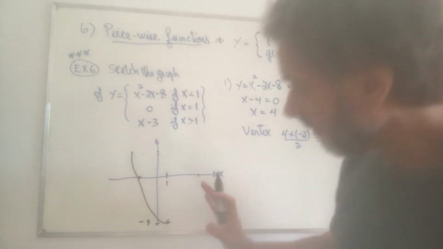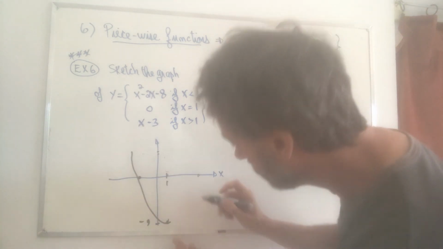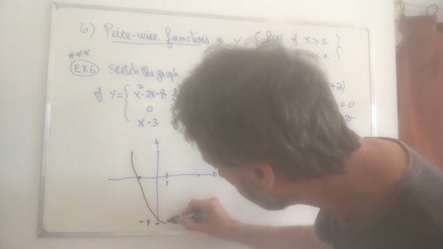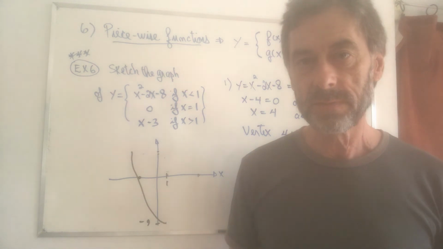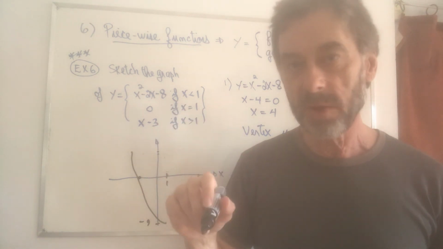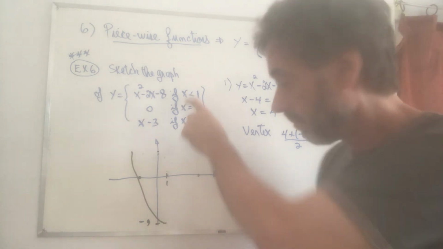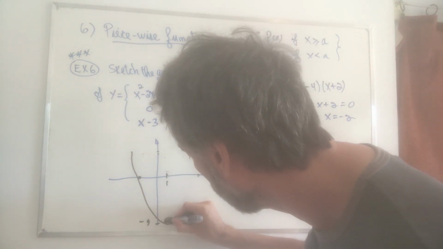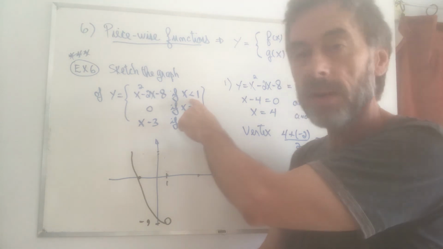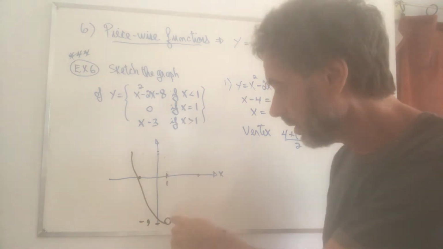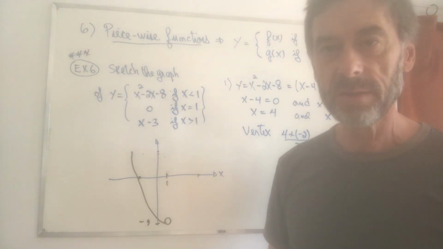This is where the graph actually ends. Is this an open point or is this a closed point? So do I fill the point or do I keep it open? Answer, x strictly less than 1 means an open point. Only when x is less than or equal to 1, then we should actually fill the point right there.